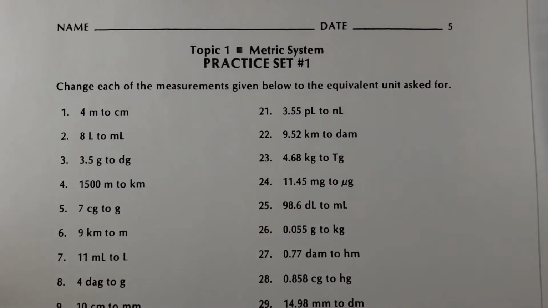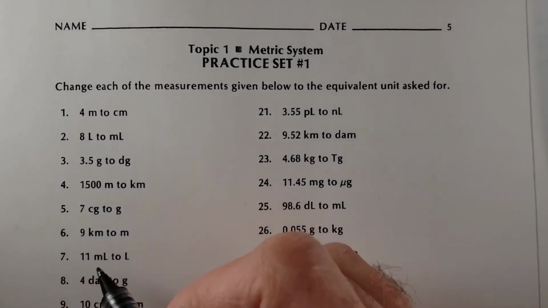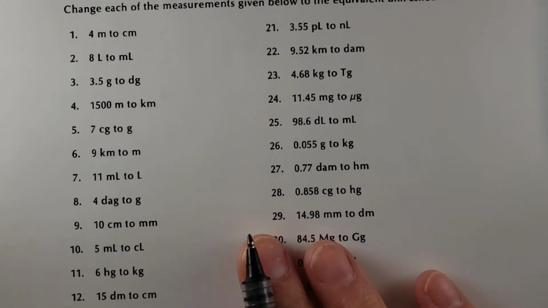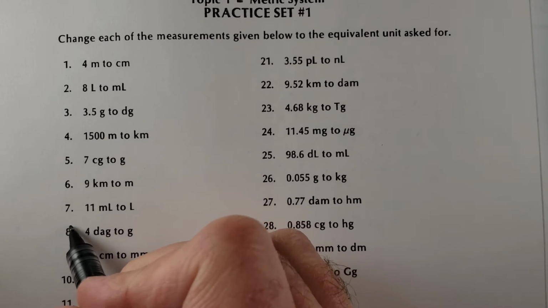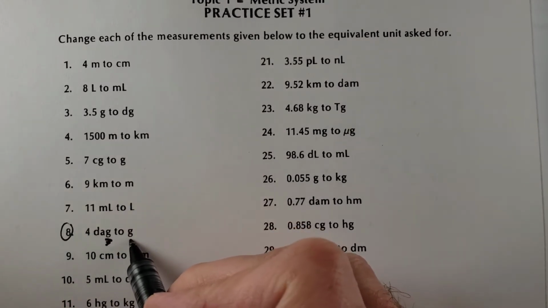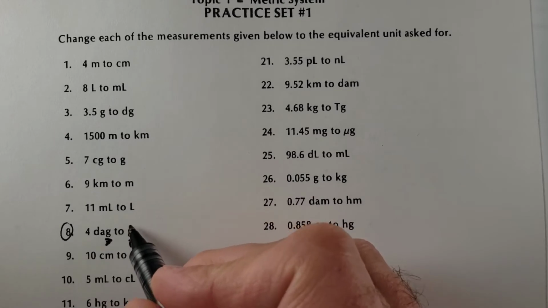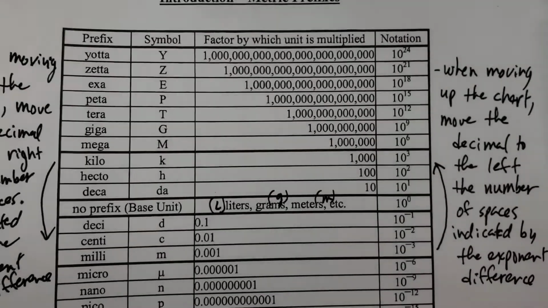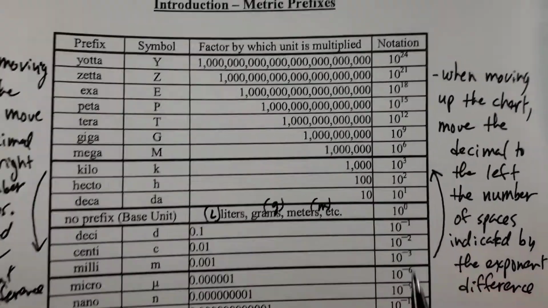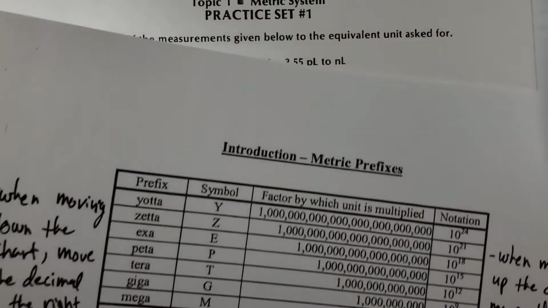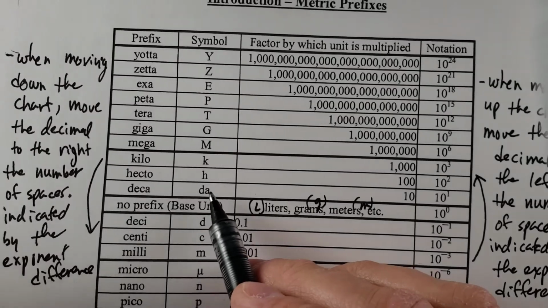So if you look at the practice questions here, let's look at maybe number 8. Here we're dealing with grams, masses, and we have just grams here, so that is considered to be a base unit, 10 to the 0. And da is deca.